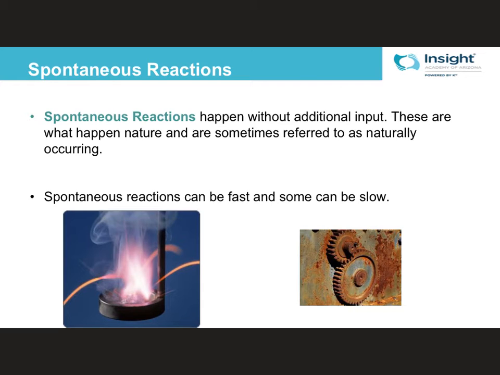Some spontaneous reactions can be incredibly fast, like if you were to take a piece of solid sodium and throw it in water, it would react immediately. Others can be really, really slow, like rust. It can take years for rust to occur. These are all spontaneous because they happen on their own. Even if they're slow, they can still be considered spontaneous.